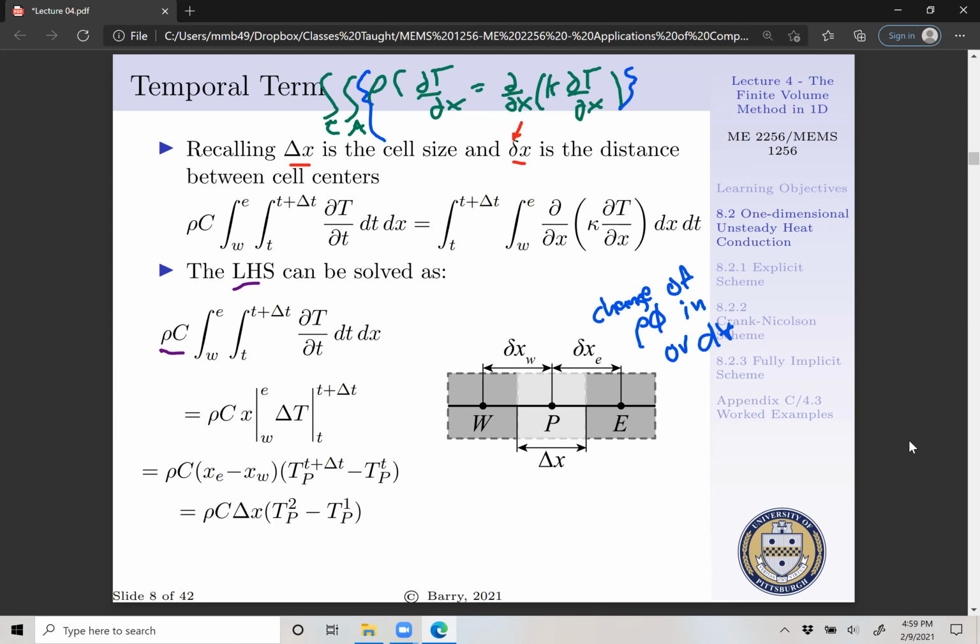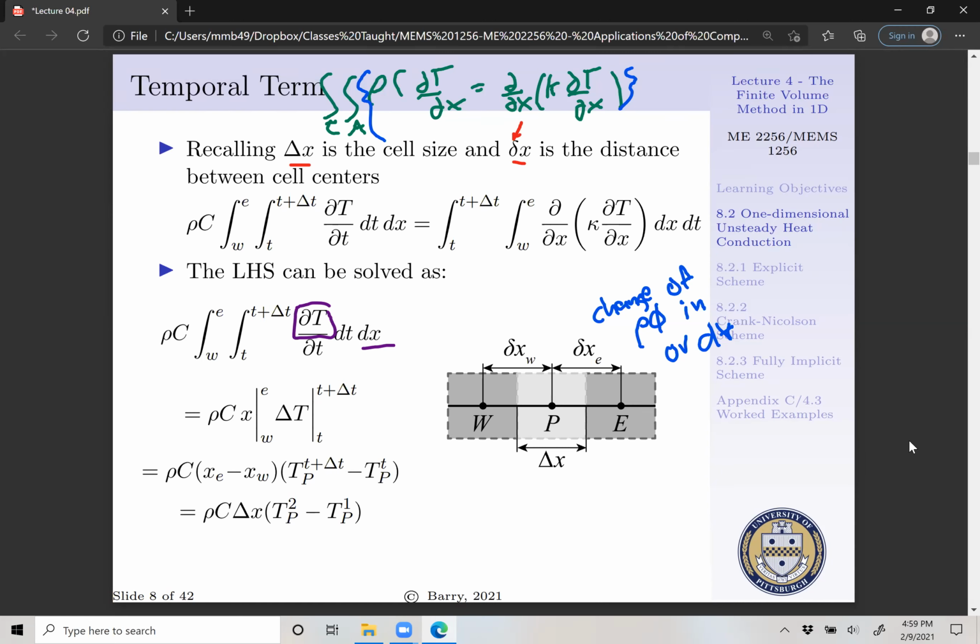Now, in this particular situation, we're going to recognize that we need to evaluate our change of temperature between our bounds of t and t plus delta t. And we are going to be evaluating x, our spatial location, between our west and our east face.